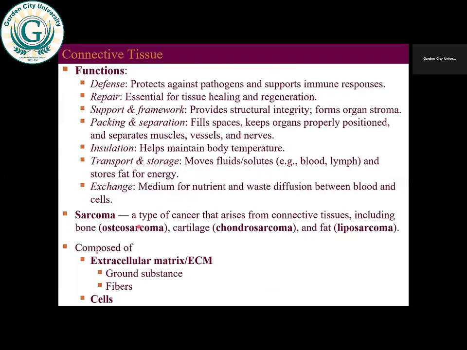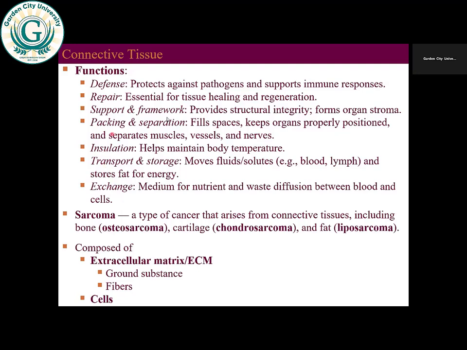Now, in terms of function, the functions are enormous. Of course, because they are diverse, you can look at each structure or each type and talk about the function. So we can look at transport and storage. Transport, we're talking about the blood. Storage, we'll be talking about the adipose connective tissue. We said that they form the stroma.